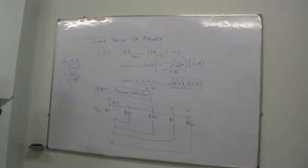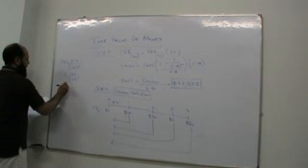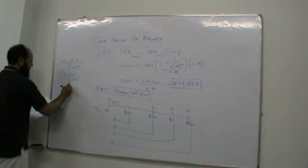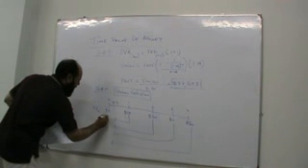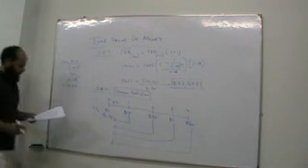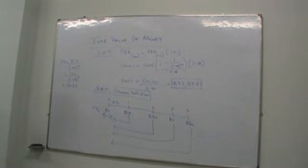So n is going to be 1. So the present value of this $100 is going to be $92.59.